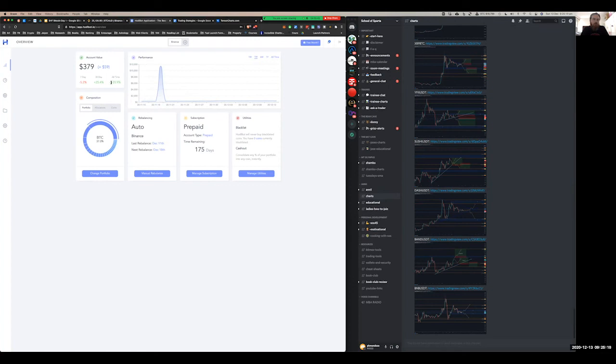Over time, I've had a 30% increase in my account. I think it started with $250 or whatever, 300 something. There was a period, the 18th to the 19th of November, where my account shot up from $322. Can you see that?